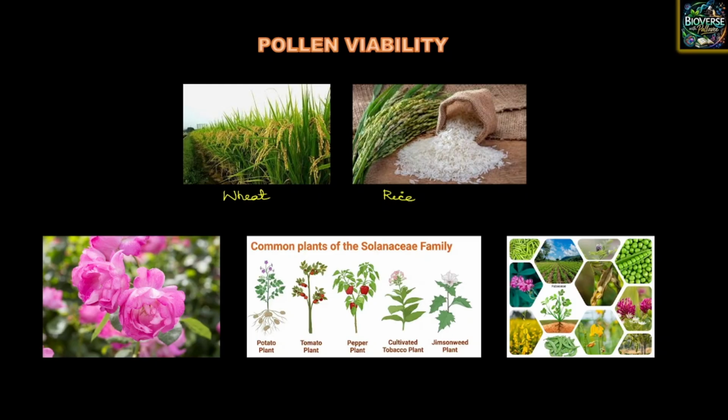After the activity period, they are not going to survive. We need to understand that the viability of the pollen grains depends upon two important factors. Number one is the temperature, and number two is the humidity. These are very important factors in deciding the viability of the pollen grains.